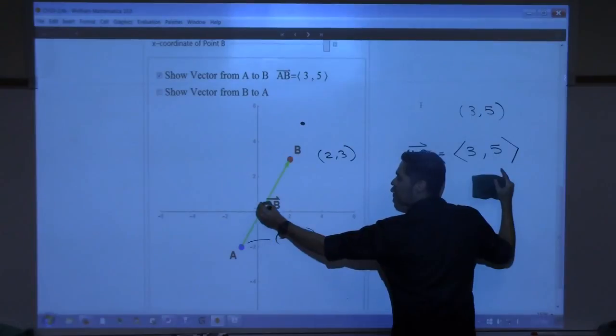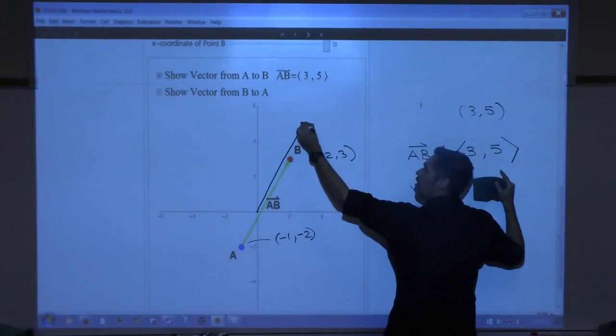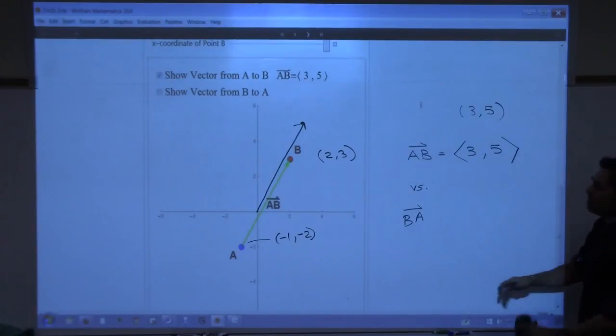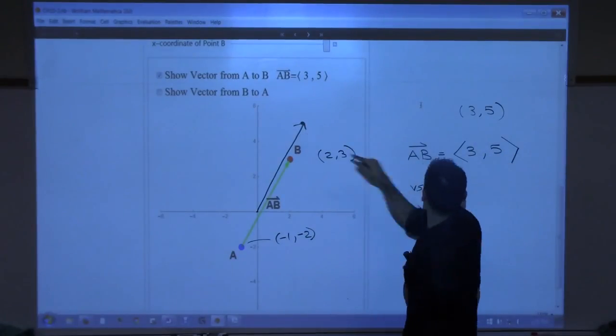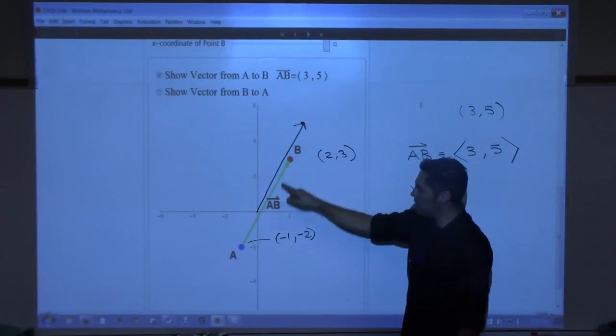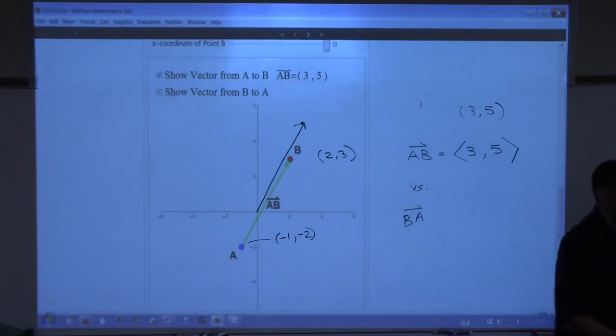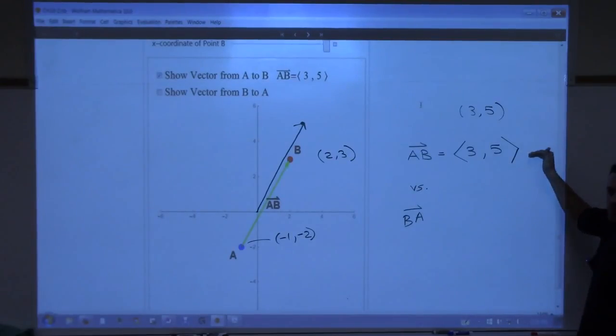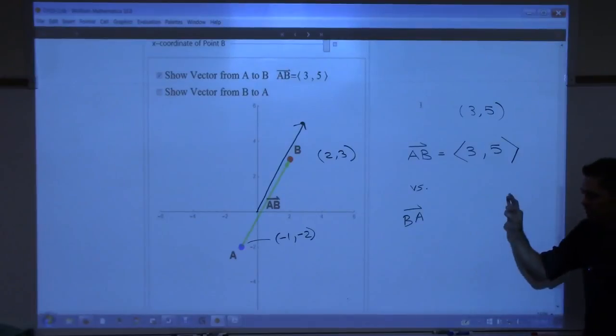It goes from the origin to this point, doesn't it? It has that length in that direction. This vector 3, 5 is equivalent to the vector AB. Why are they equivalent? Same direction, same length, right? So there's a very, very big difference between these two things. Point versus vector. You can move this one around. It's a little arrow that you move around. This one is just a point.